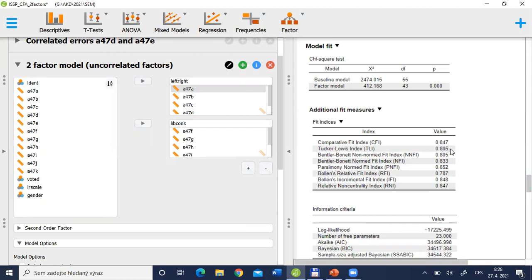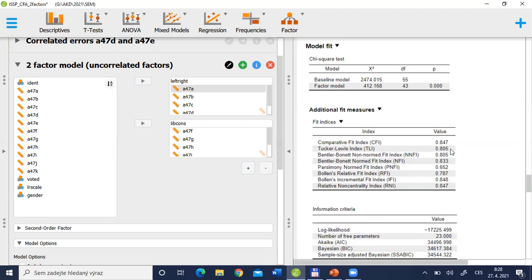And my question to all of you is that if you can see such results for CFI, TLI, whether my model seems good or not, whether there should be some modification, or whether everything is nice and we can continue and read other results. So what's your proposal? It seems good. It is good if TLI is approximately 0.8, CFI is approximately 0.85.